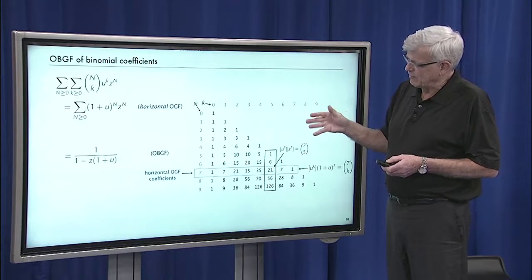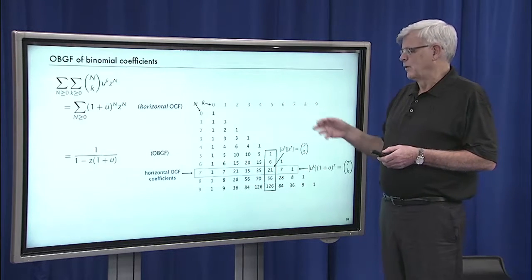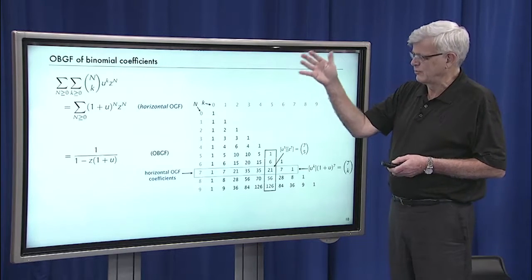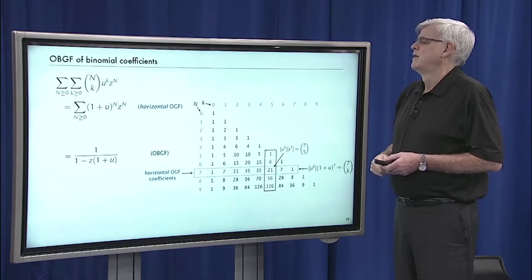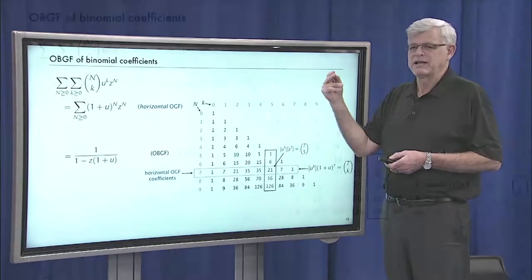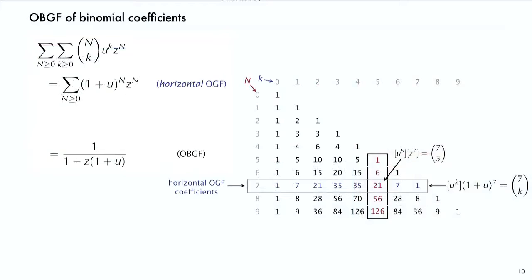In terms of the generating function, one way to think about it is to evaluate one of the sums. So if we evaluate the sum of n choose k u^k, we get (1+u)^n. Then (1+u)^n is the coefficient of z^n in the generating function.